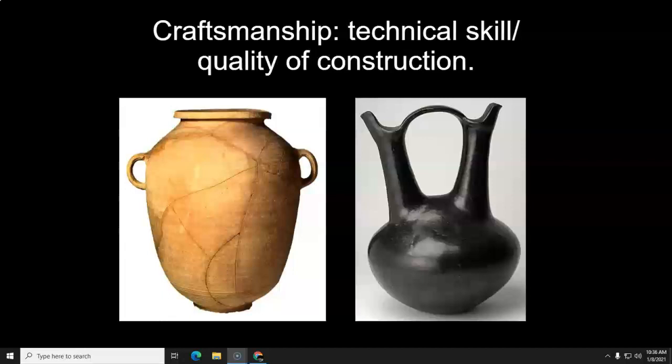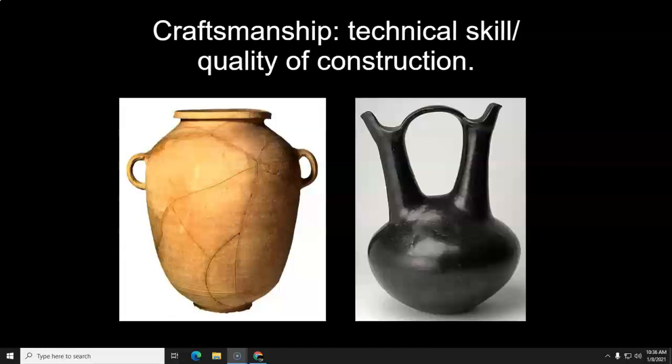So that's an example of a pot that during its time actually worked. It was utilitarian, or just its job was to hold stuff, and that was it. It didn't have to look good. It didn't have to be that well made. It just had to hold whatever it was holding for that length of time.